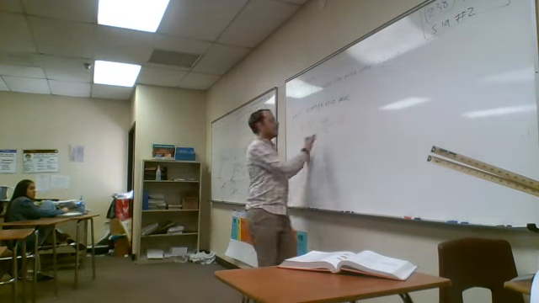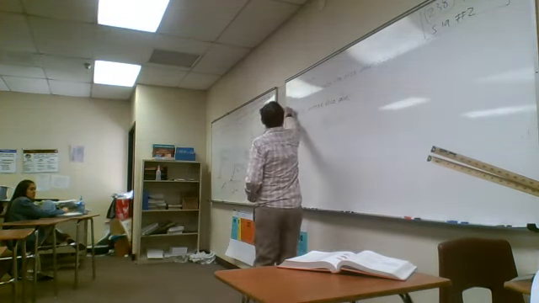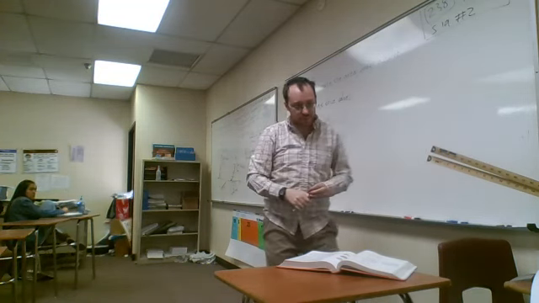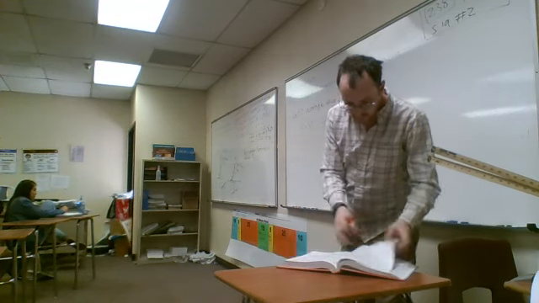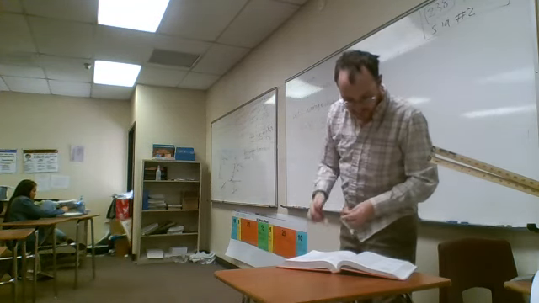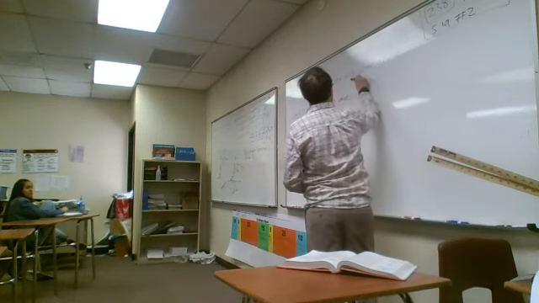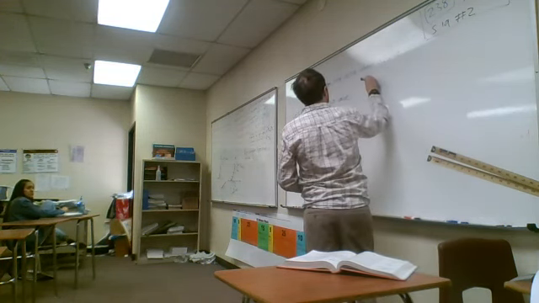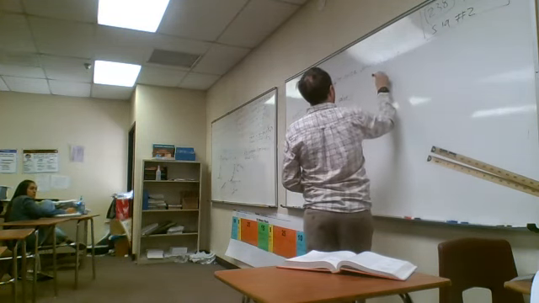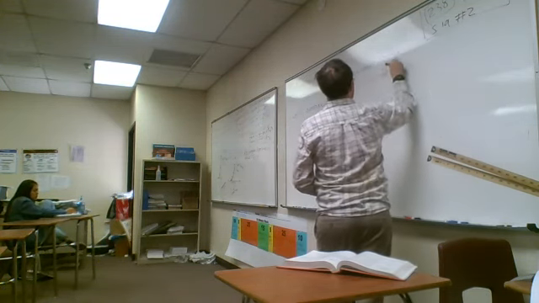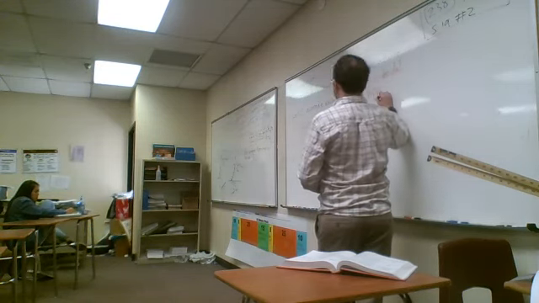So this method, when we average the values, is called a trapezoidal approximation. Can everyone say trapezoidal for me?